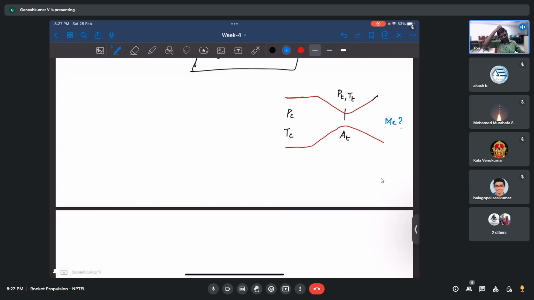We know everything till the throat, and we also know m dot. We need to find what happens after. We will consider this ideal expansion, so PA is equal to PE, which is equal to 1 atmosphere. Basically, we know PE also.